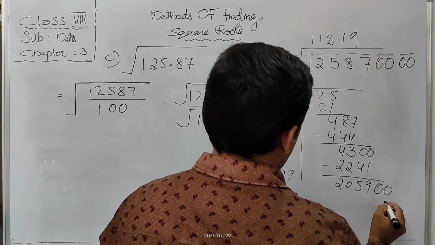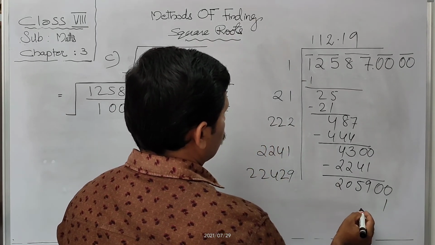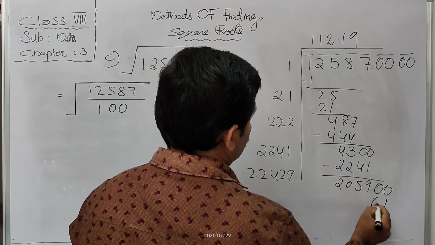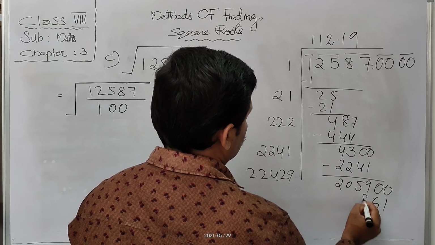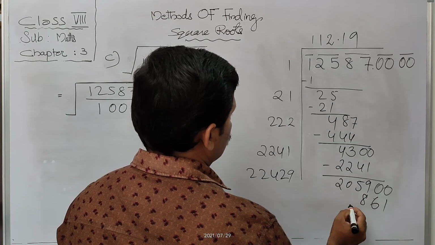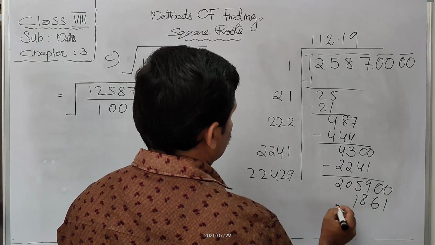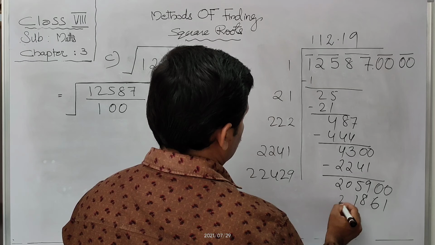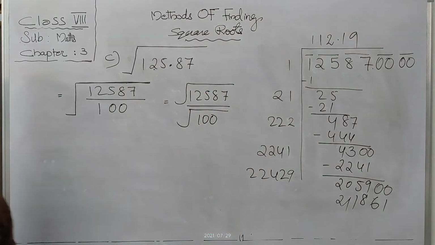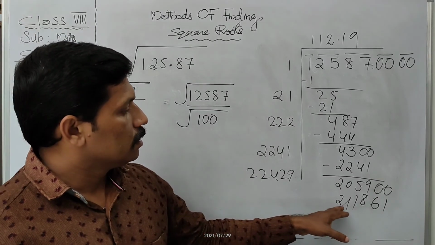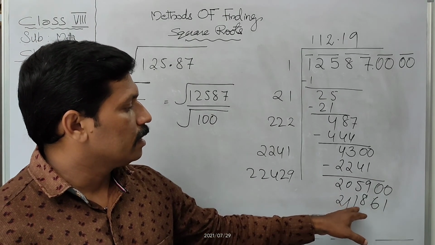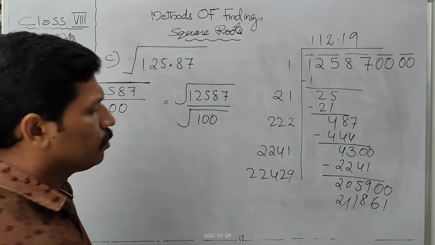Then 9 nines are 81. So here we got 11861, and we stop. We need only up to here.